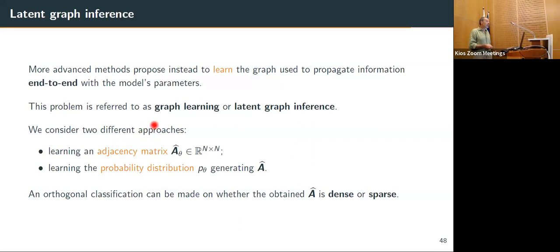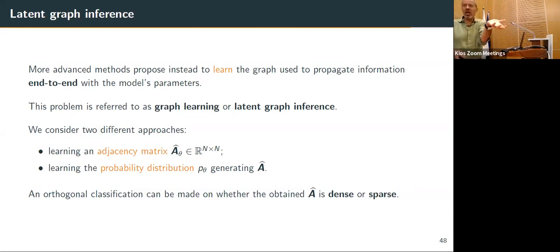There are two major approaches, then there are some others, but let's focus on these ones. The first one says we want to learn one adjacency matrix, one. And the other one says, well, the adjacency matrix in reality is a random variable.